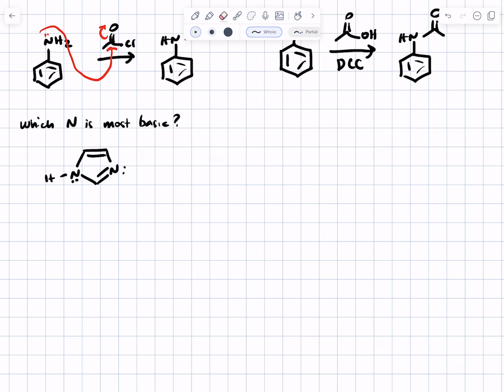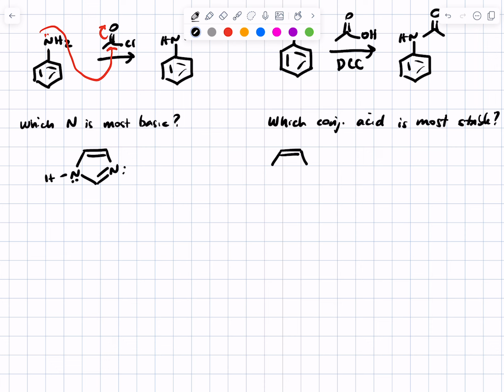Alternatively, asking which nitrogen is most basic is the same question as asking which conjugate acid is most stable. Understanding that the most stable conjugate acid will have come from the most reactive nitrogen.